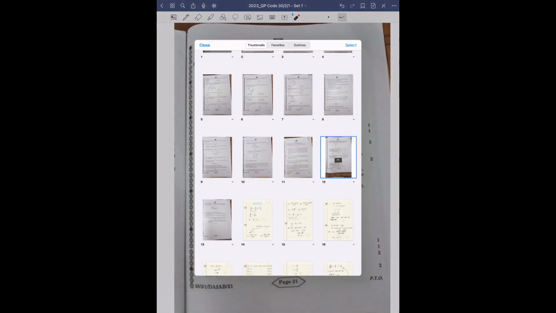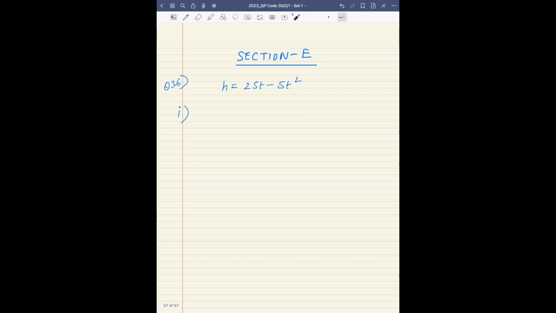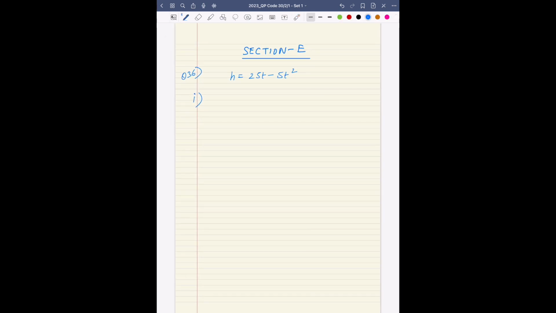In short, there are two zeros of this polynomial and they are nothing but t equals 0 and 5, okay, seconds. This is the first answer. Write zeros of the given polynomial. Question number second. Find the maximum height achieved by the ball. In short, find h max.